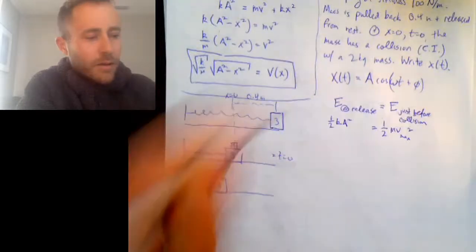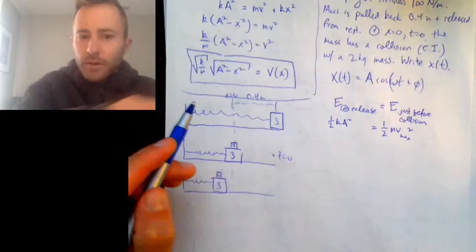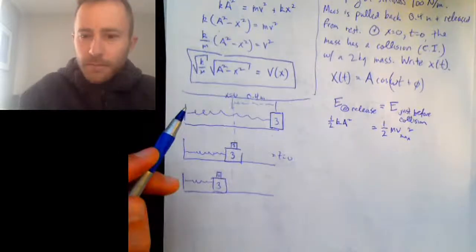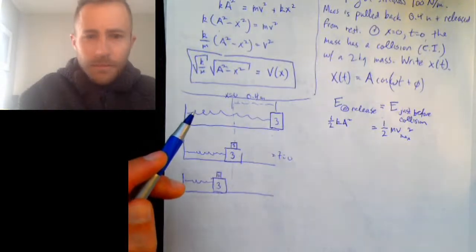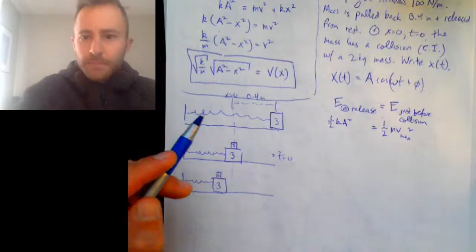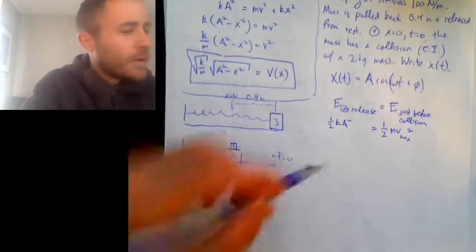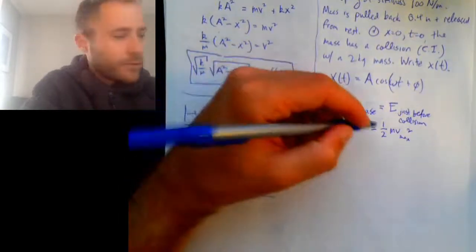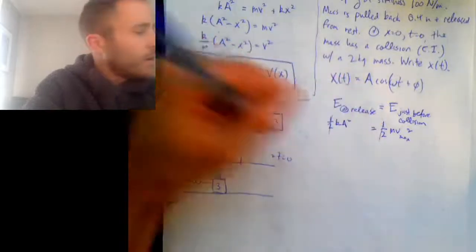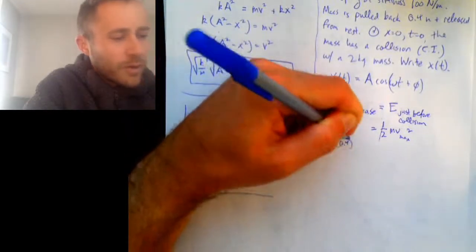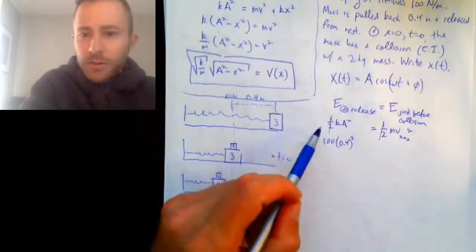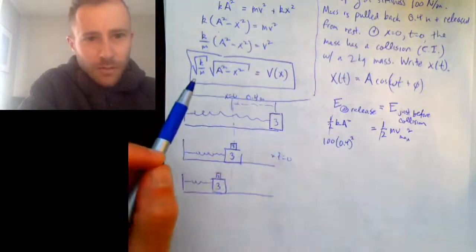Okay, so I'm going to plug in numbers here. Canceling out the 1/2, I get 100 times 0.4 squared. 0.4 would be the amplitude in the absence of the collision.